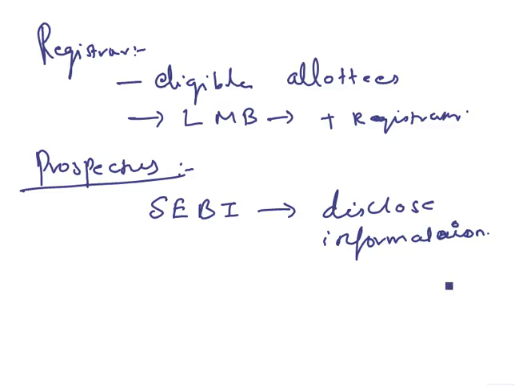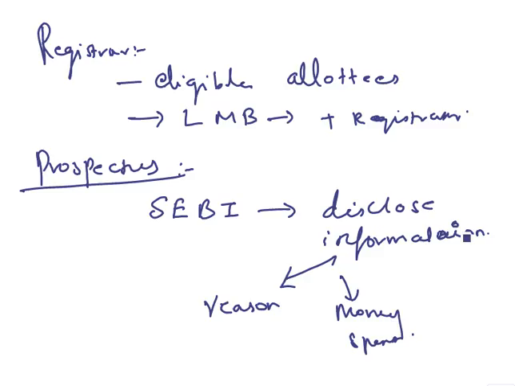The disclosure usually includes information like the reason for raising money and how the money will be spent, whether for expansion, diversification or reinvestment.